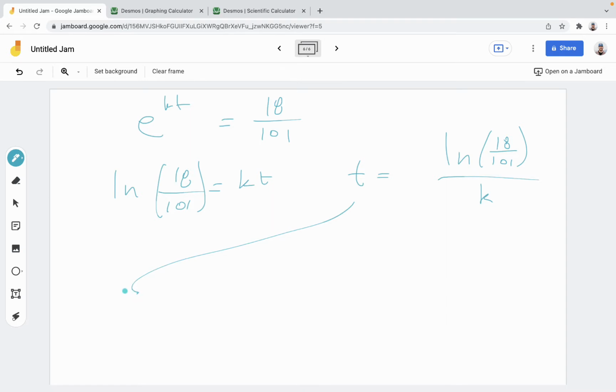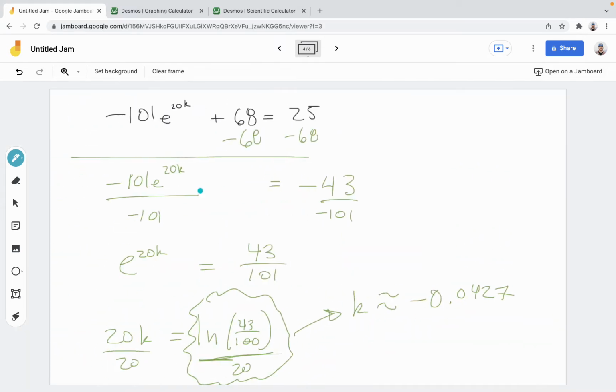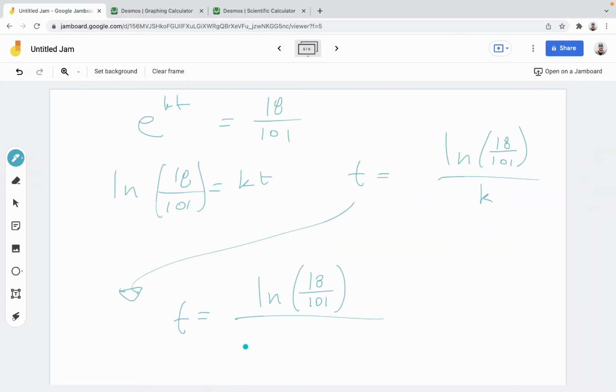And now I can put in my k. K was, circling back here, ln of 43 over 101 divided by 20.